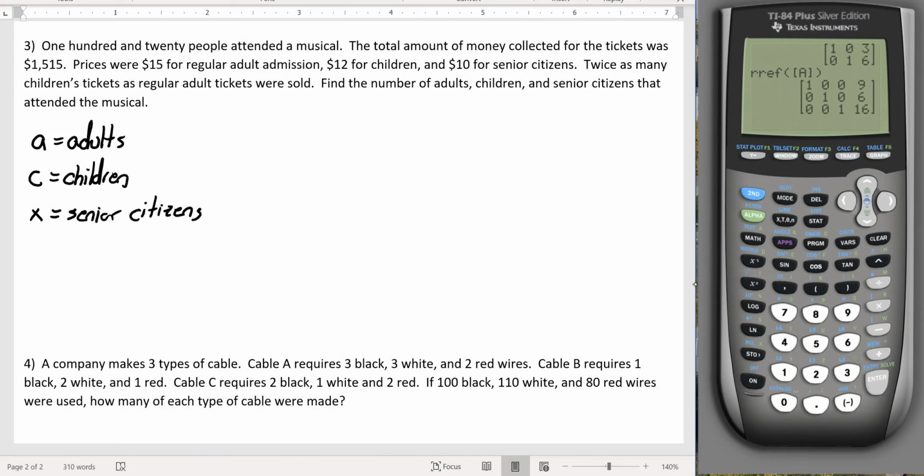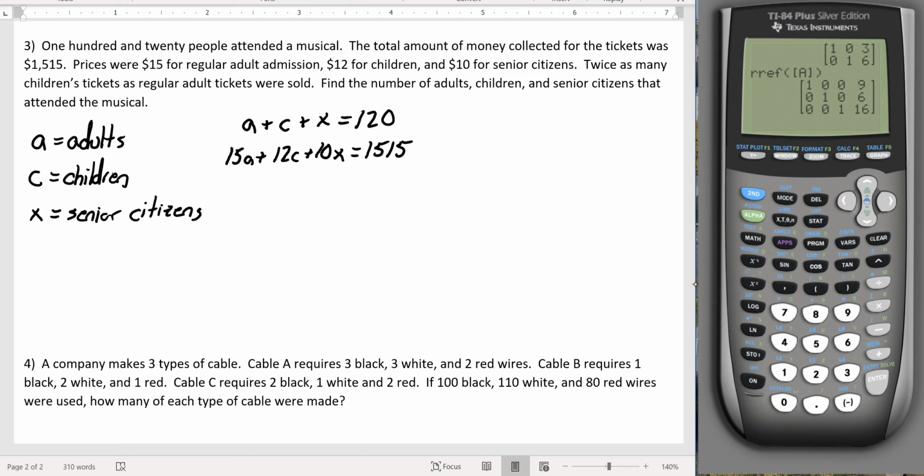But if I add all this together, A plus C plus X, that tells me 120 people went to the musical. Excellent. The total amount of money was $1,515. So if I multiply each adult times 15, each child by 12, and each senior citizen by 10, I would get 1515. Now this last one here, twice as many children tickets as regular adult tickets were sold.